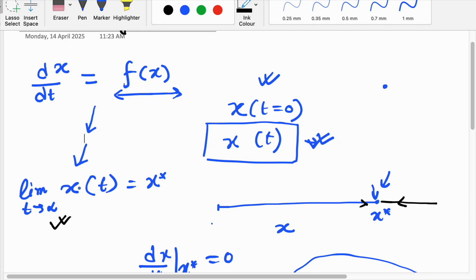If I wait long enough, what is the future of the system? That is captured by this, and that is what I am asking.